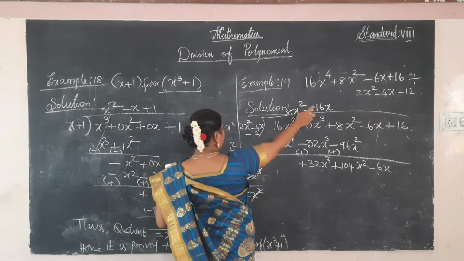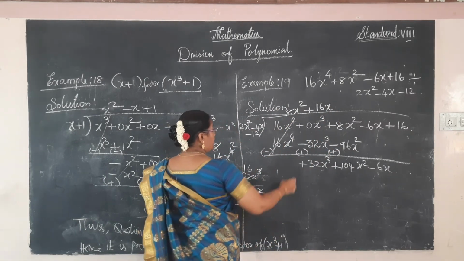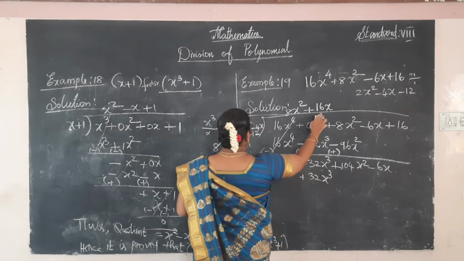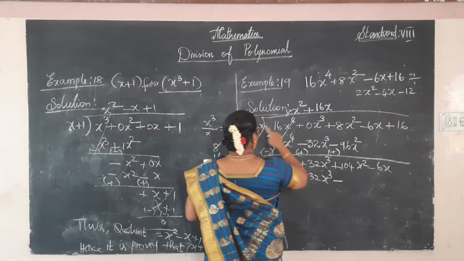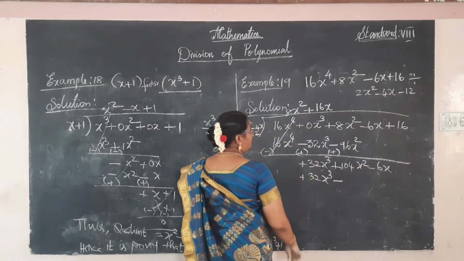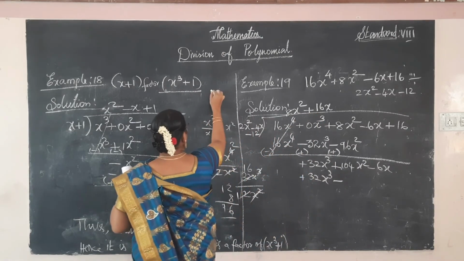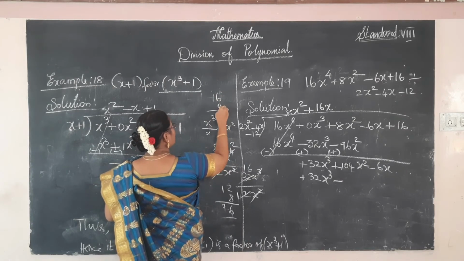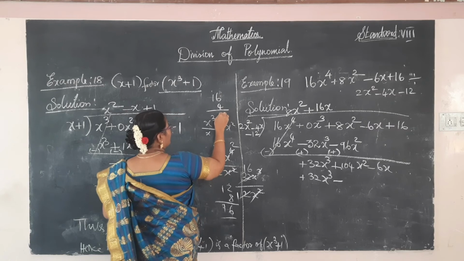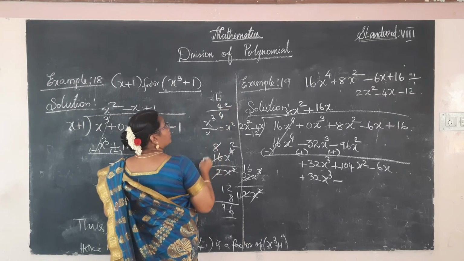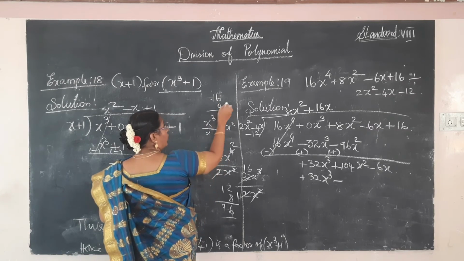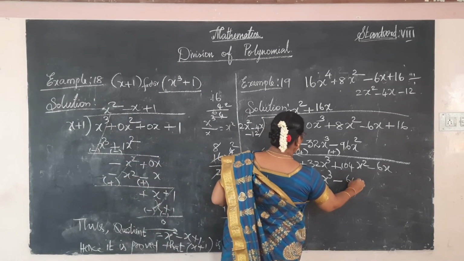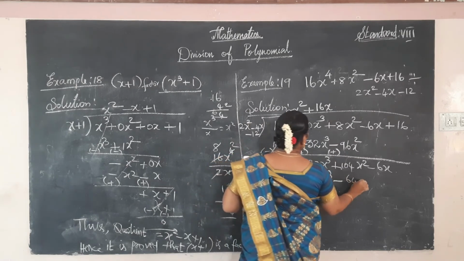Now multiply each term of the divisor. We get plus 32x^3, and next term plus into minus 4. 16 fours are 64, so 64x^2.